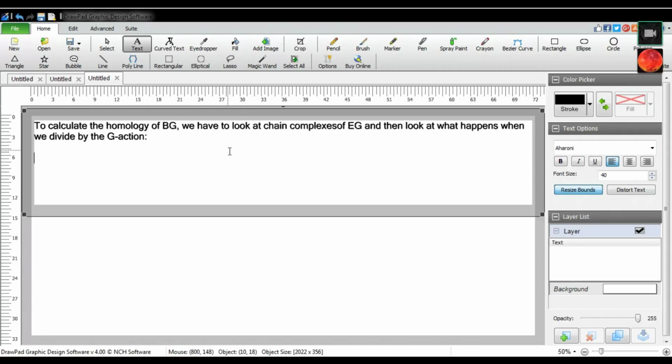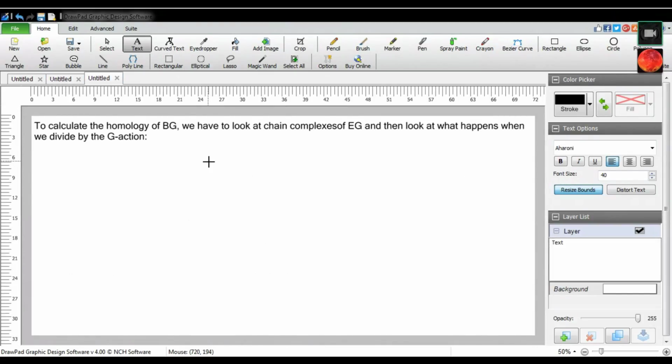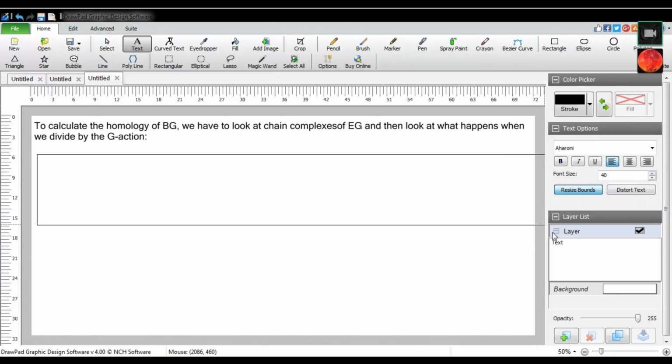From the standard model of EG that I just defined, we can actually get a really simple chain complex of EG. I'm going to call it the standard chain complex of EG.